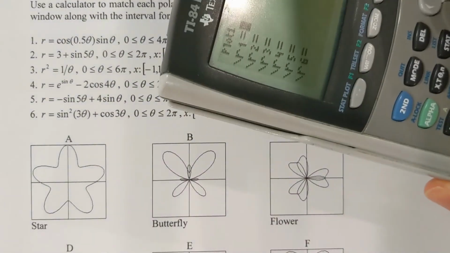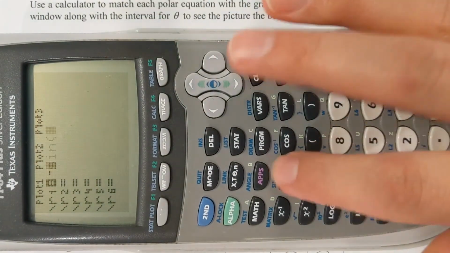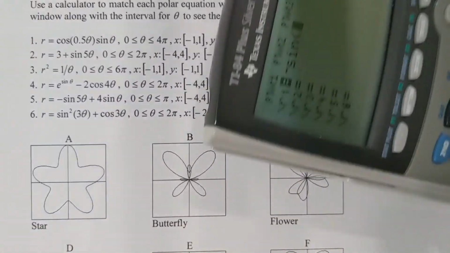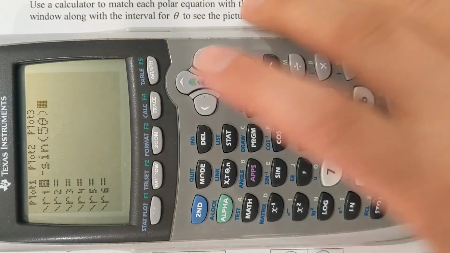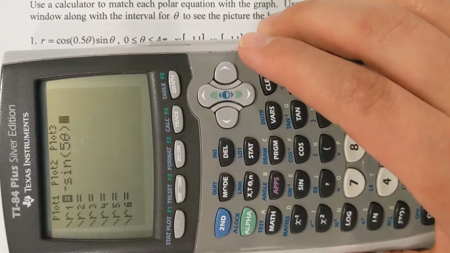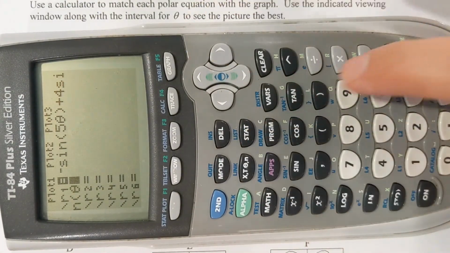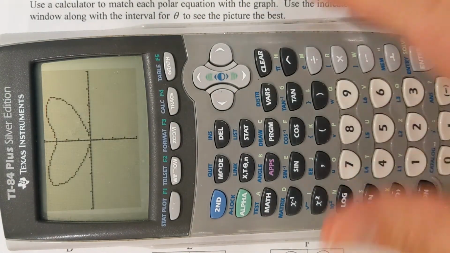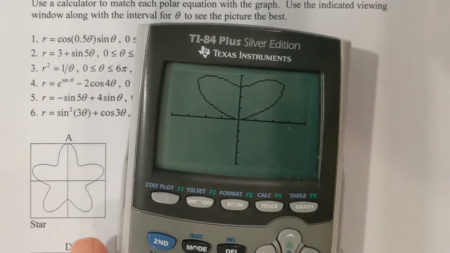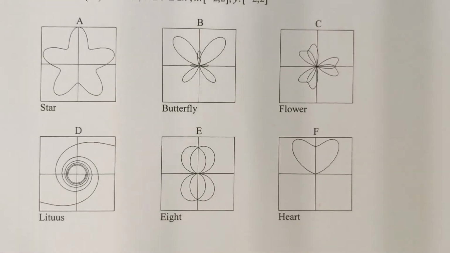And I want r equals negative sine of 5 theta, and then plus 4 sine theta. And hit graph. Looks like a heart. And so that's going to go with F there.